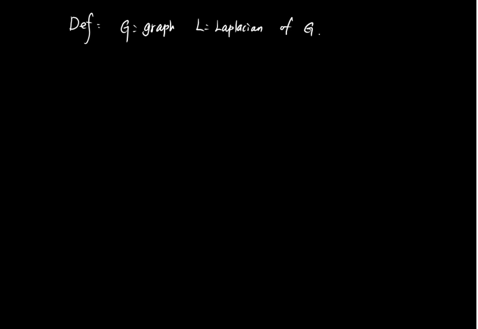Okay, and so we can calculate the spectrum of L, which is lambda 1 as the smallest one, lambda 2, and keep going. So it has n eigenvalues, and we're going to take out this lambda 2.